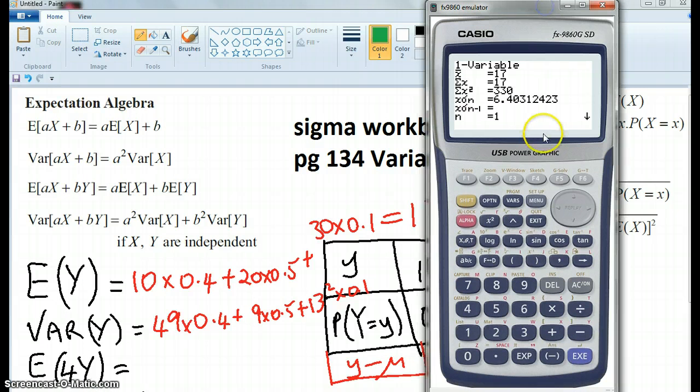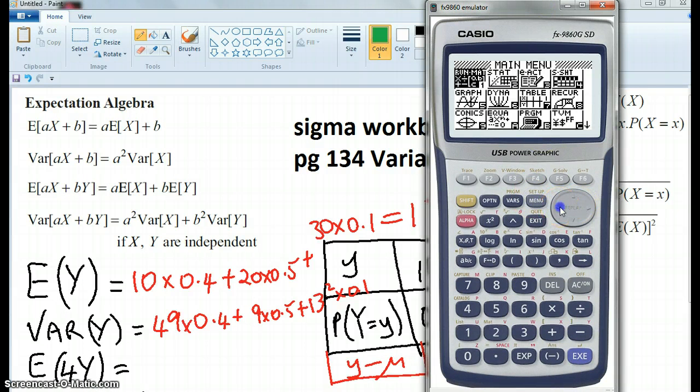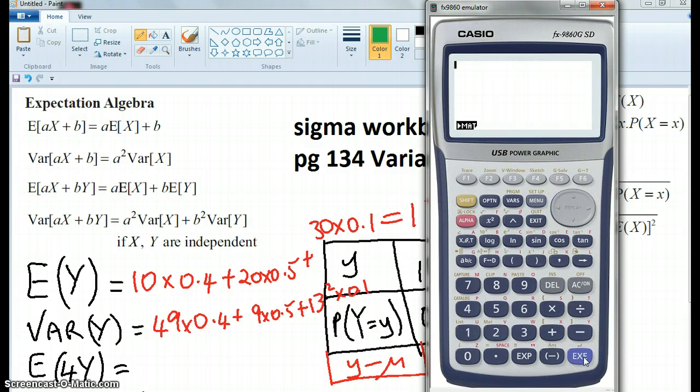So let's then go back to our menu, back here, and try 49 times 0.4 plus 9 times 0.5 plus 13 squared times 0.1. Oh, what did I do wrong?